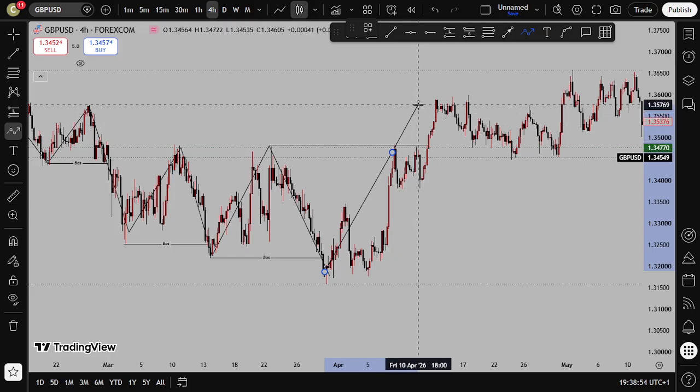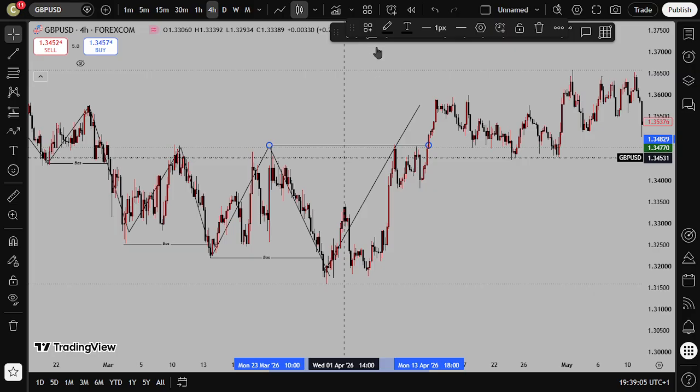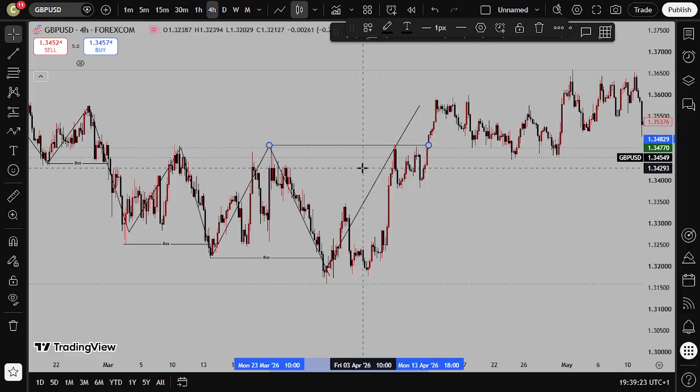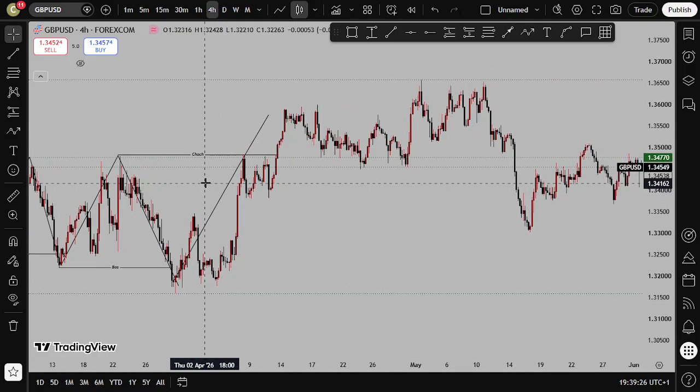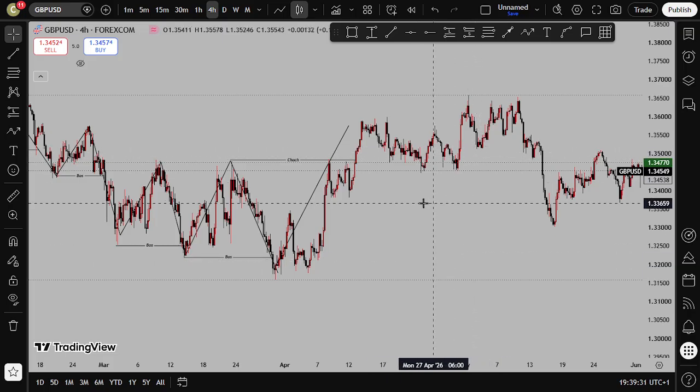Price came, broke the last lower high, sorry, to the upside. So this signifies what? A change of character. So you can go and do your own assignments to do the reverse in the case of an uptrend to downtrend. But this one is a downtrend to uptrend. So we have a change of character here. So that is all about the example now.